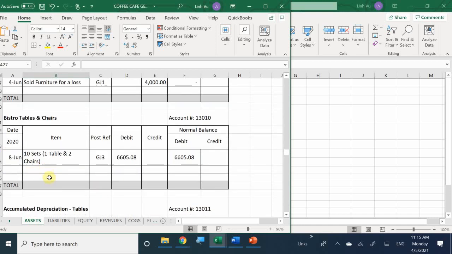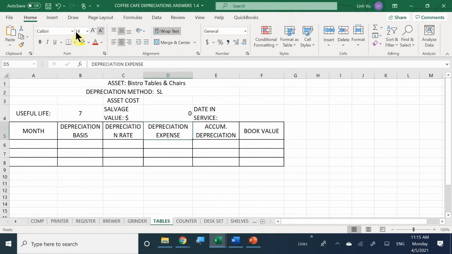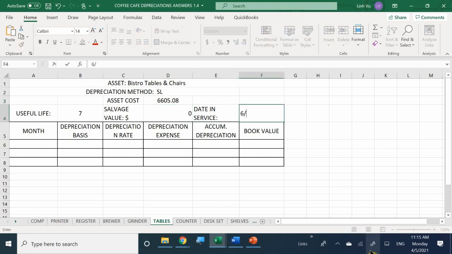Okay, when did I buy it and how much did I buy it for? June 8th, and I bought it for 660508. So here my asset cost is 660508 with June 8th. Okay, so therefore we're going to depreciate for the month of June.